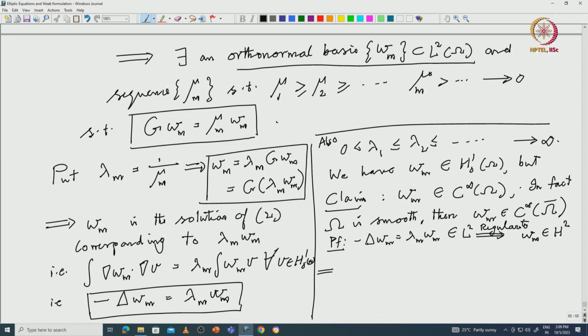Then you iterate: Laplacian of Wm is again lambda m Wm, which is in H2 now. So that implies Wm is in H4. So you repeat it.